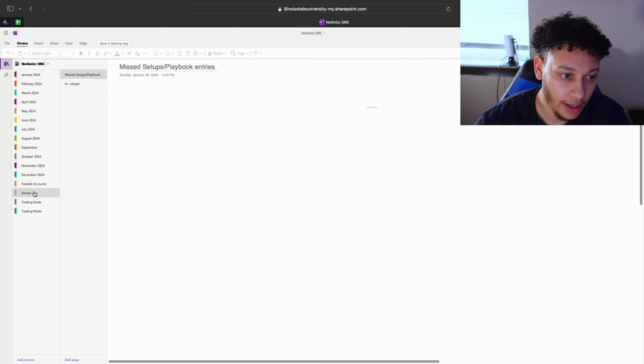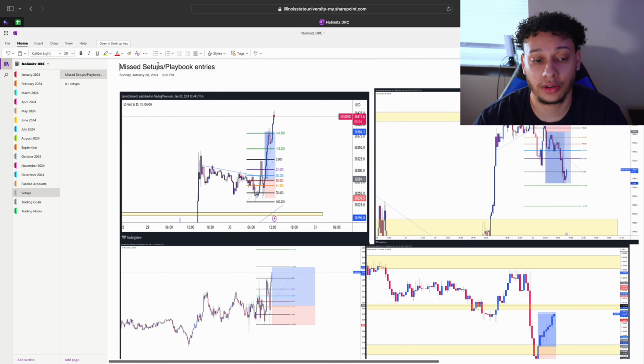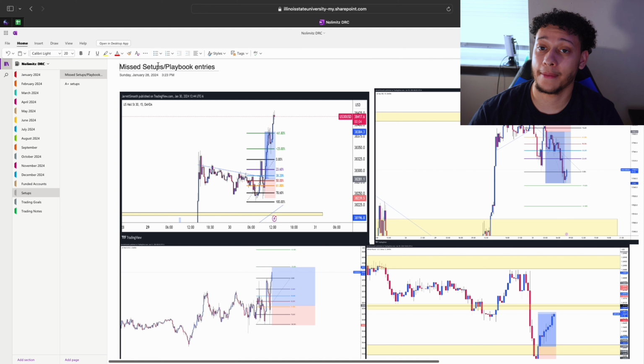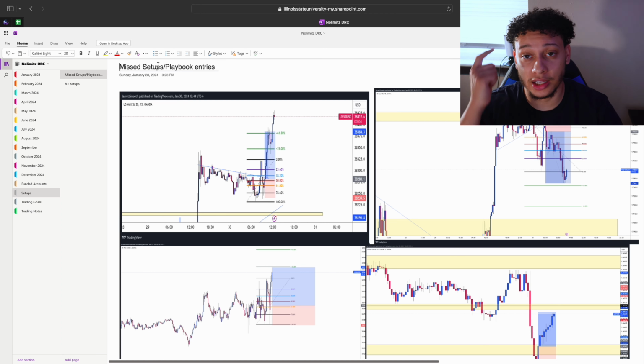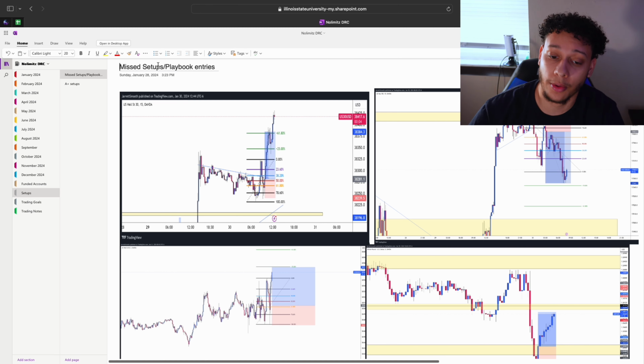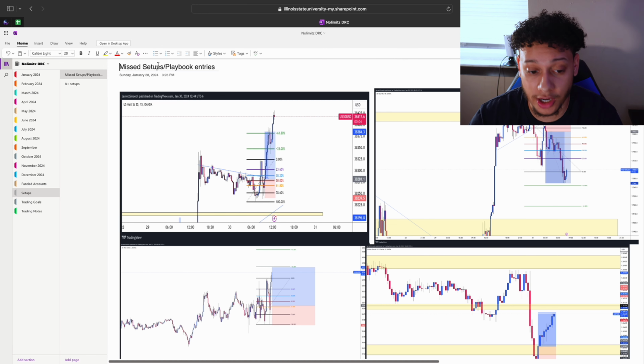Now, I have this column now for, these are my playbook setups. These are the setups that I missed, right? I didn't actually take these trades, but it trains my mind into seeing my setup, my winning setup. So when I see it in the market, I don't hesitate to take these trades.